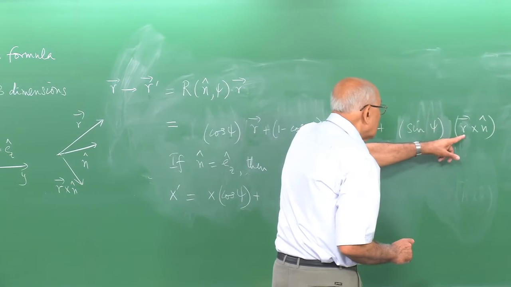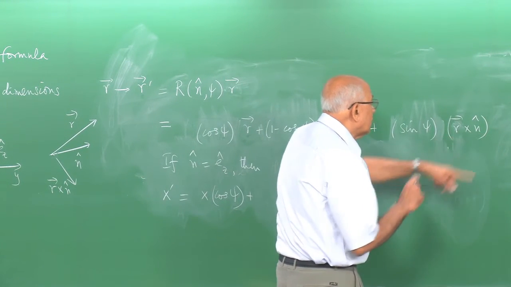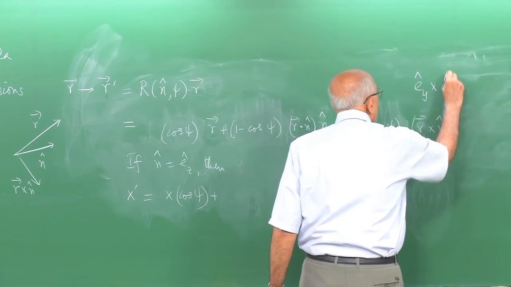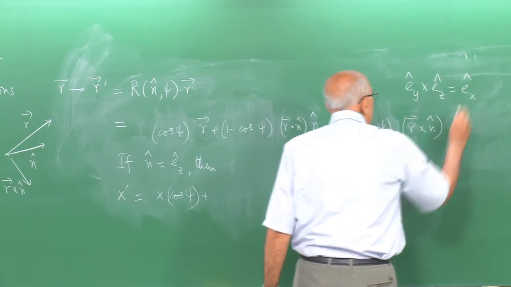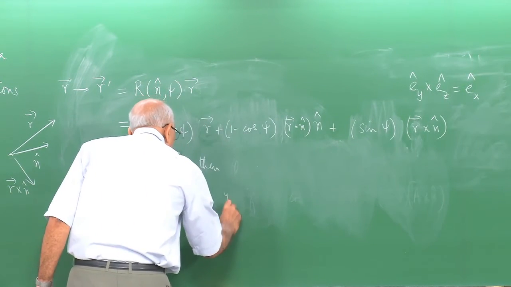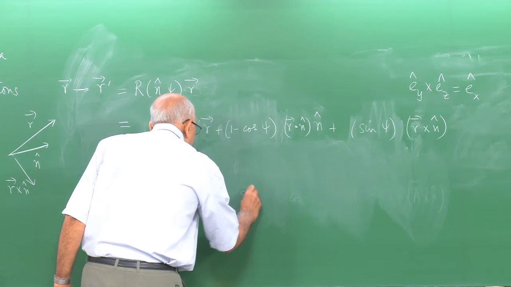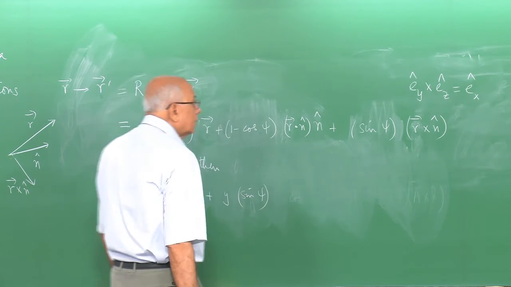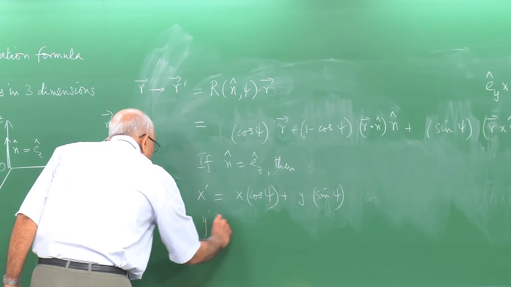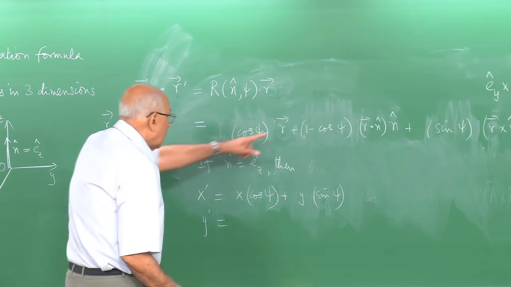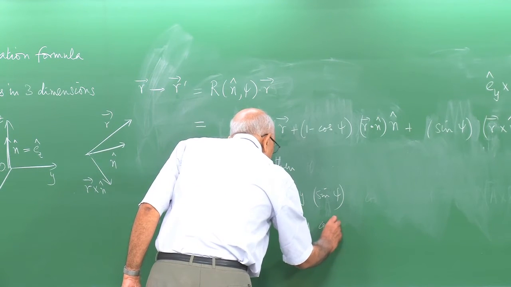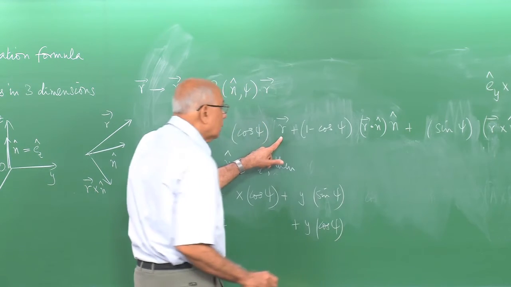So the y component of r crossed with ez gives you ex. So I am using the fact that ey crossed with ez gives ex, so the y component of this r is of course y, and then there is a sin psi, and that is it. Okay. On the other hand, the y prime component will have y cos psi. I have written this out.